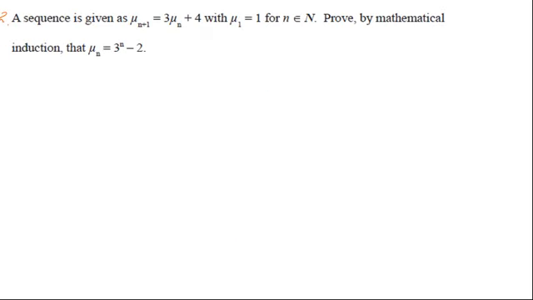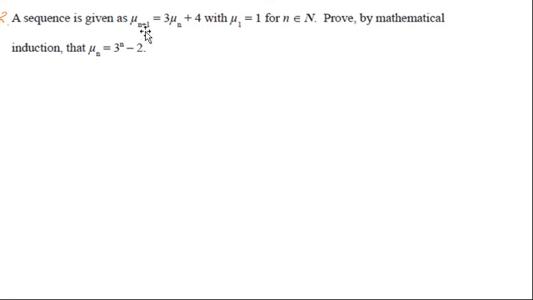This is one of the mathematical induction questions that I'm going to be working. The one we worked before was for a series. This one is for a sequence. So it says a sequence is given as, and they give us a recurrence relation for the sequence. Notice u(n+1) is equal to 3un plus 4, right?